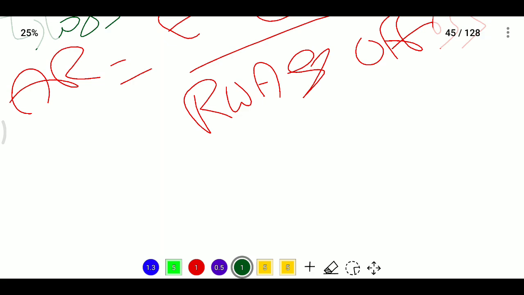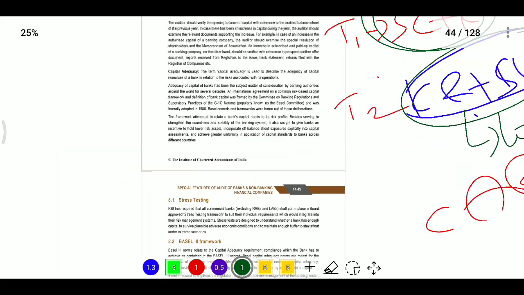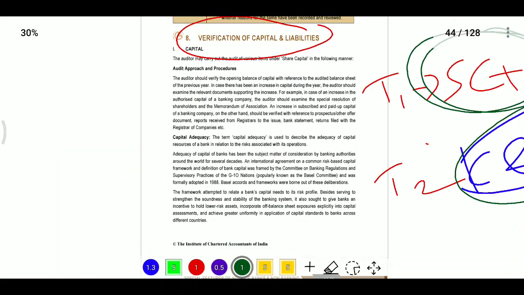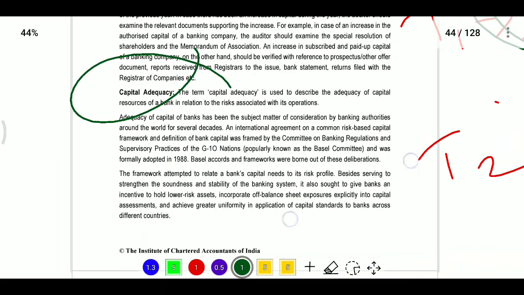RBI requires banks to maintain a minimum of 9% capital adequacy ratio. This is the main information on the capital adequacy ratio.